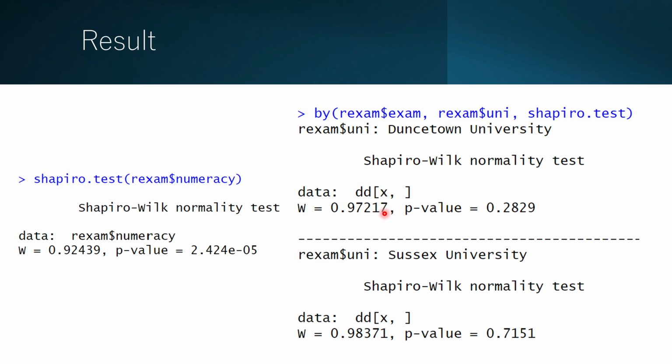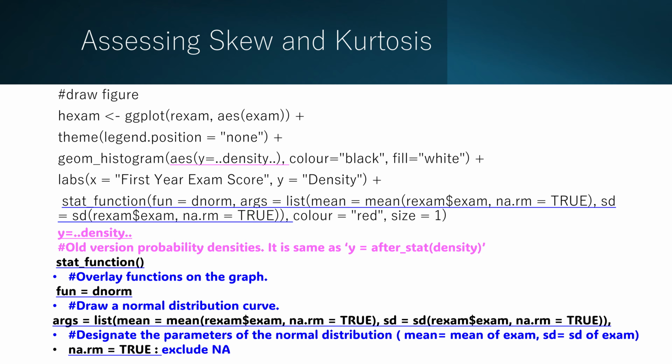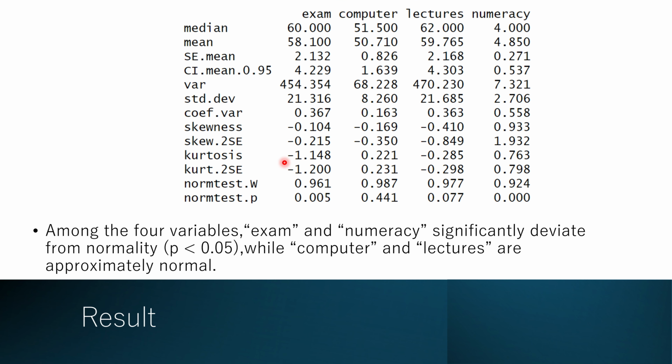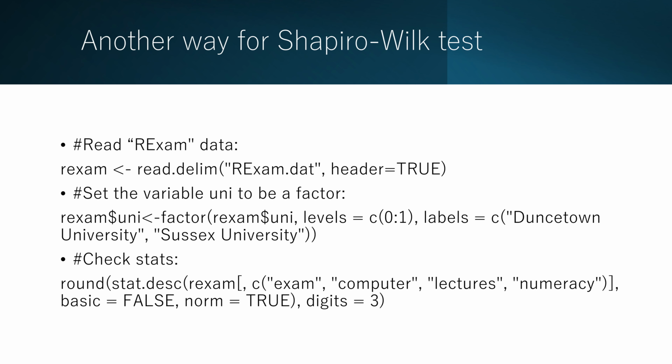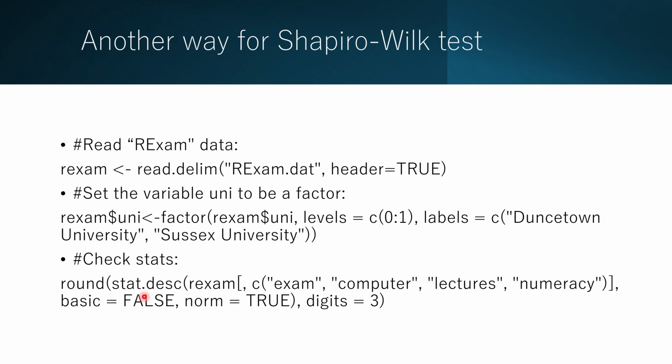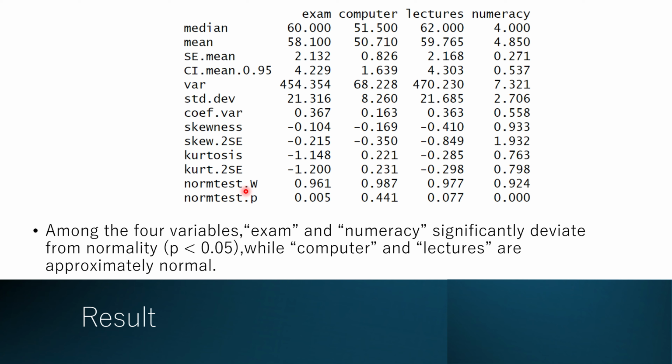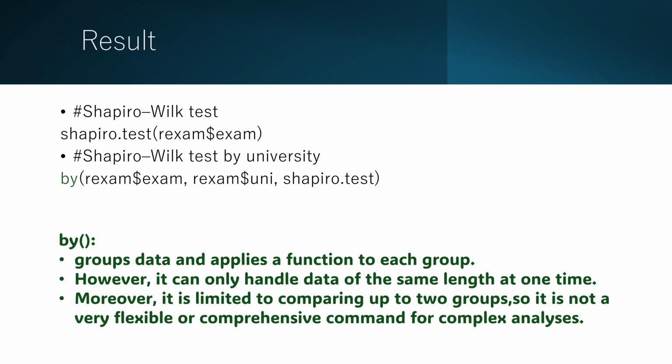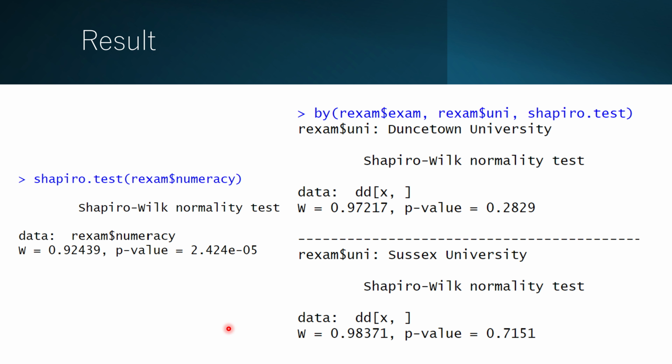But the Shapiro-Wilk test can be easily conducted by using this one, stat.desc. We can easily get the normality test result here, so we do not need to use the shapiro.test command directly, but we can get the data also from this command.